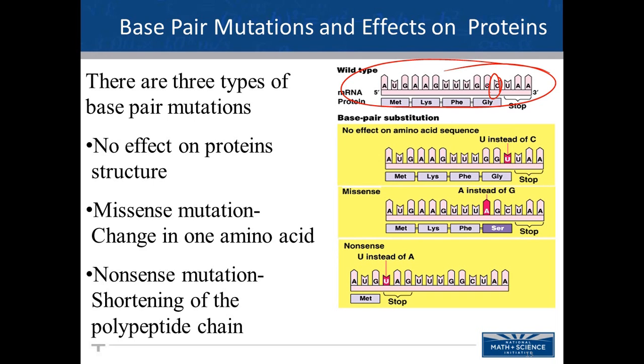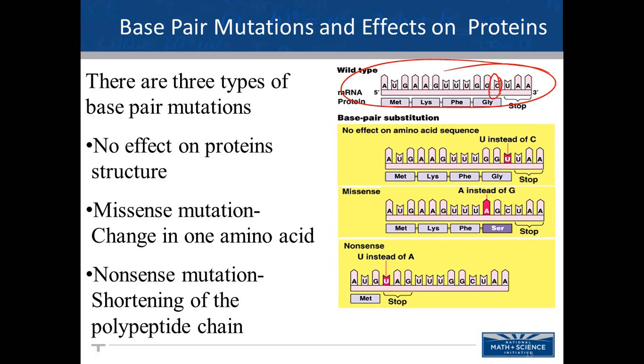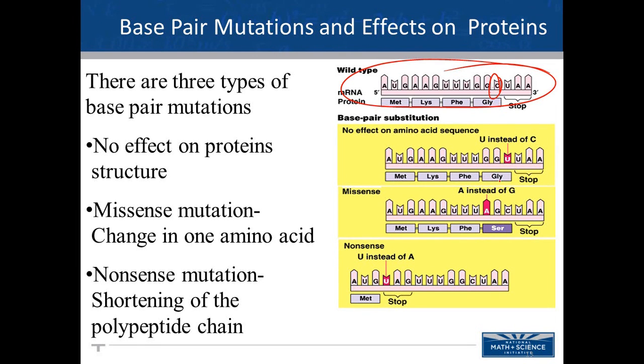Well, GGC and GGU both code for glycine. So even though there is a mutation in the DNA and there's a U there instead of the C, there's no effect on the protein. So the protein has the same structure, nothing happens.